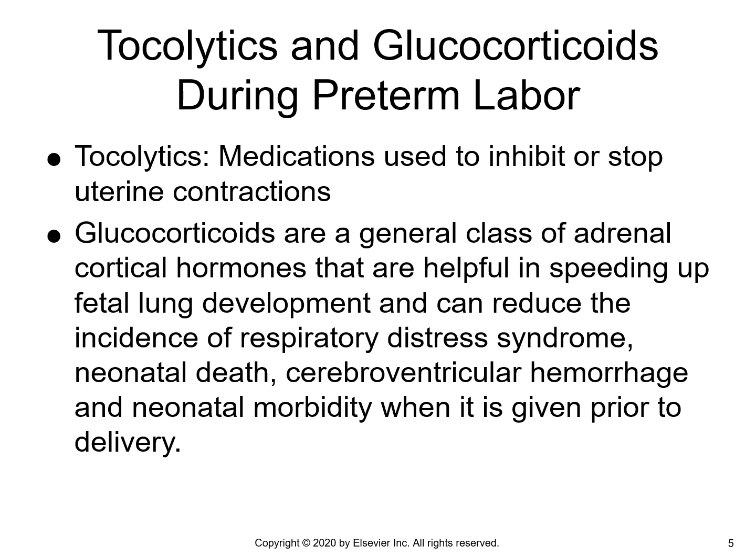Tocolytics are medications that are used to stop uterine contractions. We use these when there's a high likelihood for lung immaturity, which is usually based on gestational age, but it can also be shown by lung maturity tests. An example of these meds are terbutaline and magnesium sulfate, or MAG.